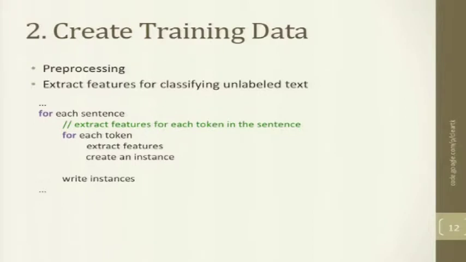Essentially, we're going to loop through all the sentences, which are annotations that we've added to the CAS. And then for each token, we're going to extract features, because we're trying to classify these tokens into these particular pre-established classes. And then we're going to create an instance, which will be used for training the machine learning classifier later.